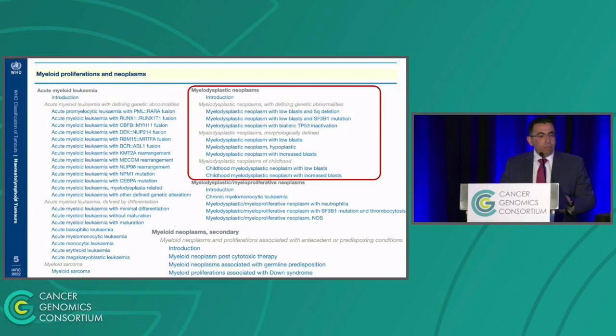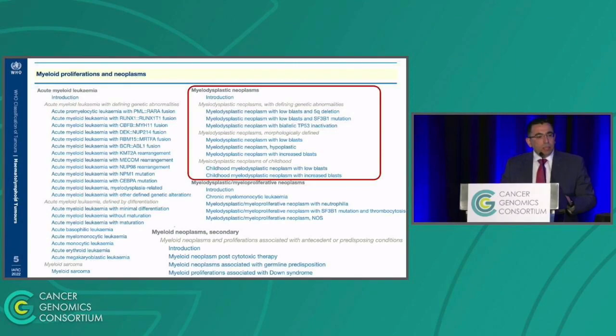You will notice that for the very first time, we have separated MDS into 3 families. One is MDS with defining genetic abnormalities. The second family is MDS that's morphologically defined. And the third is MDS of childhood.